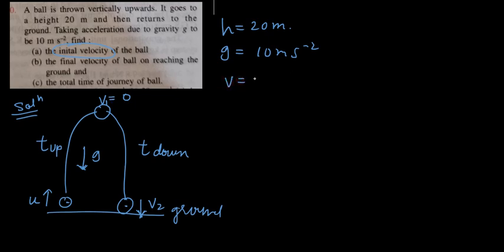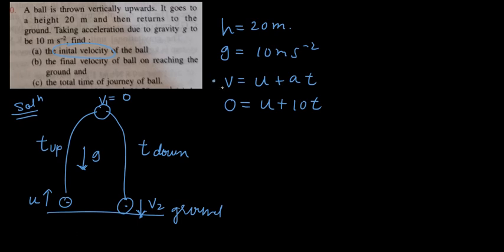So the formula is v is equal to u plus at, and then what we have is 0 is equal to u plus 10 into t. Now we don't have both these values. We don't have u, we don't have t.